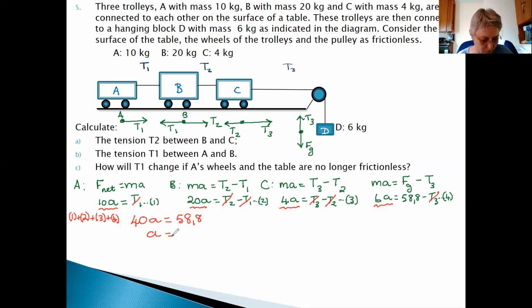A is equal to 58.8 divided by 40, and that gives us 1.47 meters per second squared to the right.